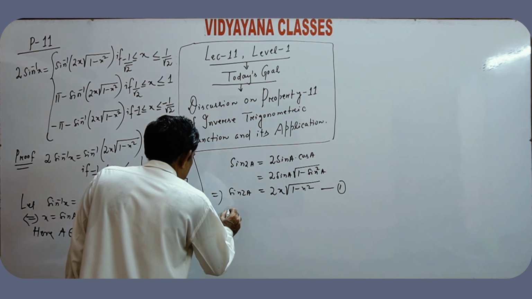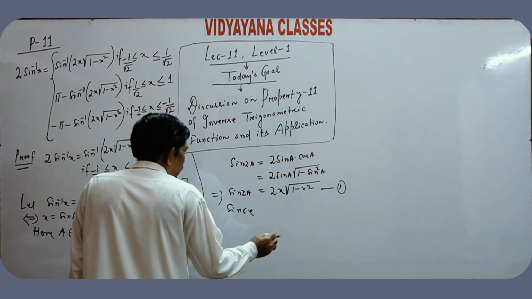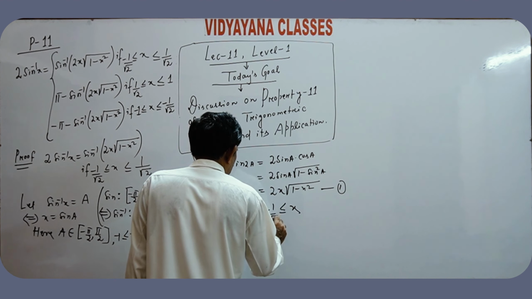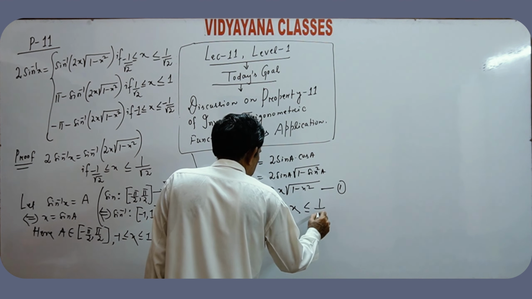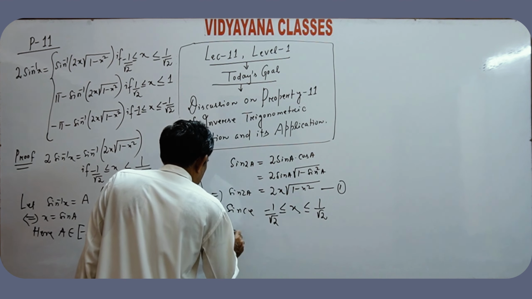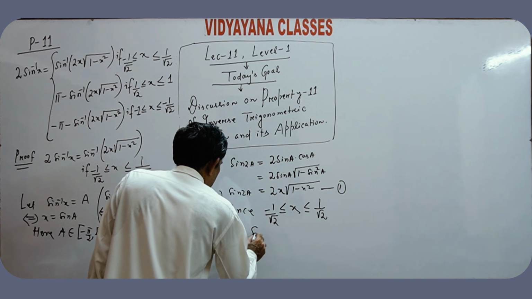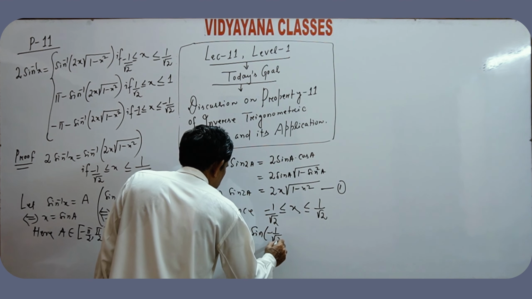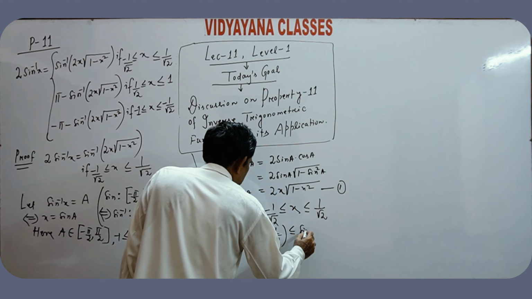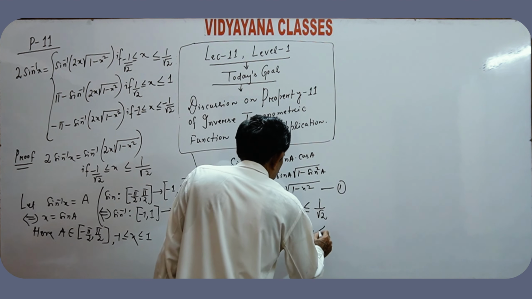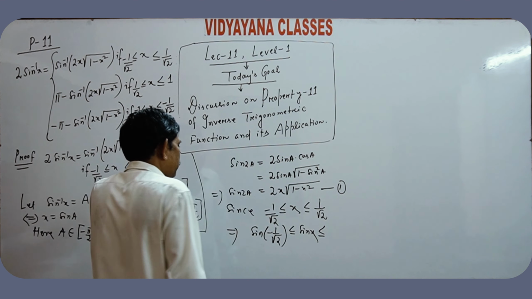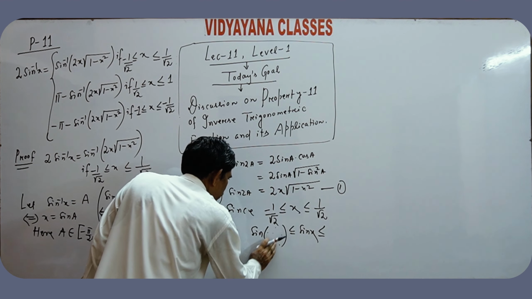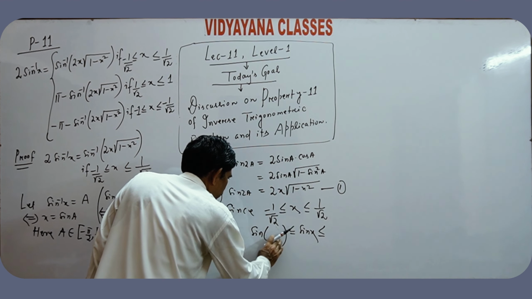Since x is greater than or equal to minus 1 by root 2 and less than or equal to 1 by root 2, we can write sin of minus 1 by root 2 less than or equal to sin x less than or equal to sin pi by 4.